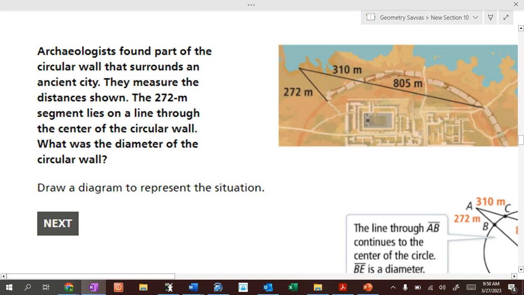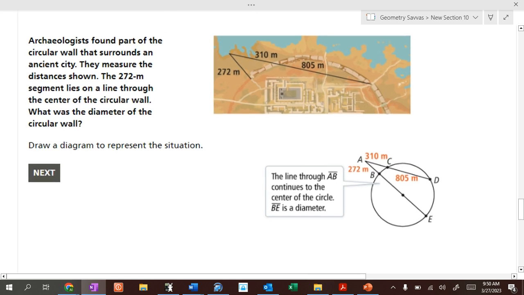All right. So now we're on the outside here. Okay. So the outside times the whole thing equals the outside times the whole thing. So we want to know what it is from B to E. Archaeologists found part of the circular wall that surrounds an ancient city. They measured the distance it shows.